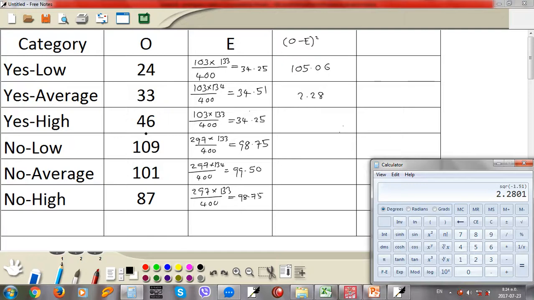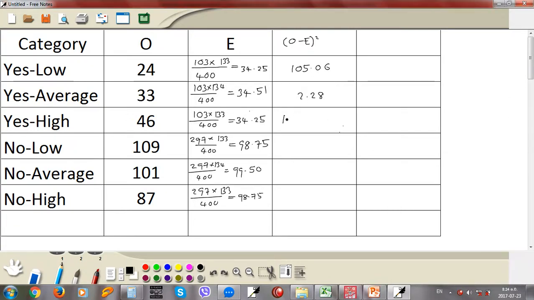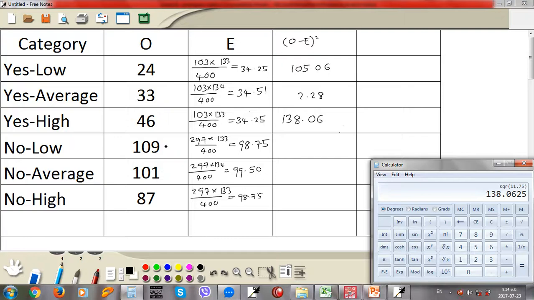Expected value 46 minus observed value 34.25, square it, value is 138.06. Next, observed 109 minus expected 98.75, then square it, 105.06.